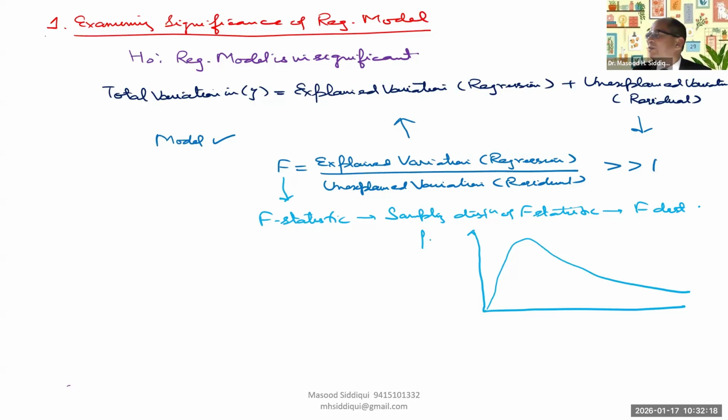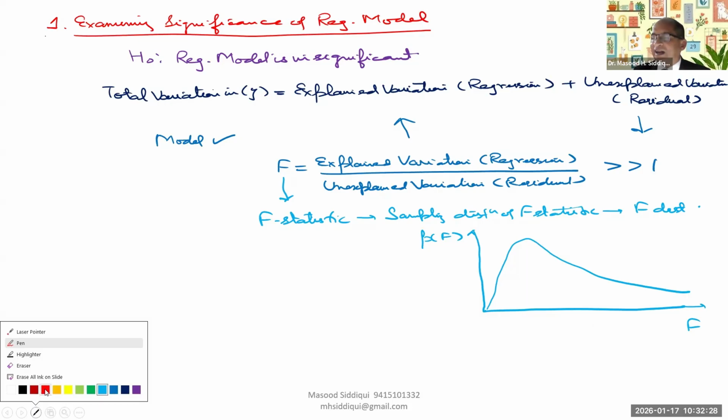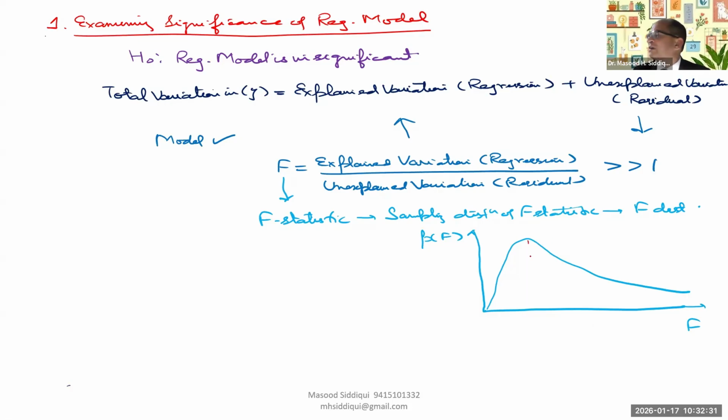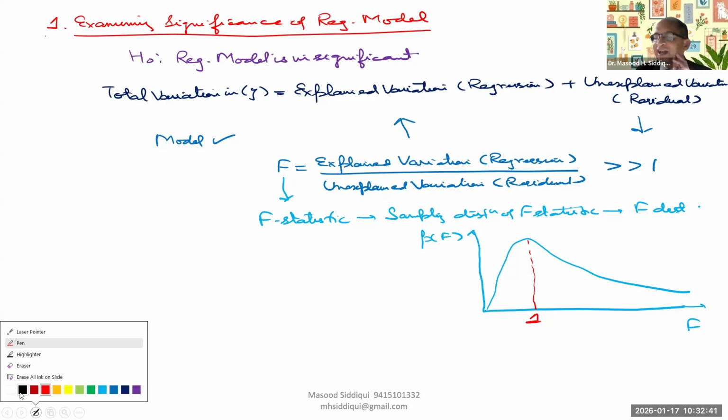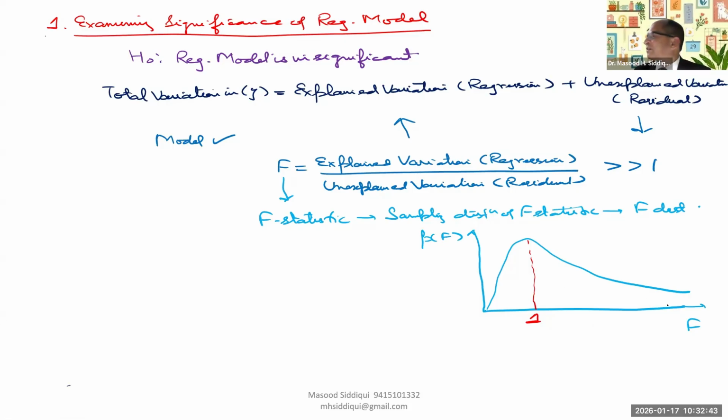Here on the y-axis, we have the probability of F, and on the x-axis, we have the value of F. And here the highest value is at this point. Here we have the mode, and the mode lies at 1. Suppose this F is very high as compared to 1. Now since F is very high as compared to 1, this F will lie somewhere here, just for an example.